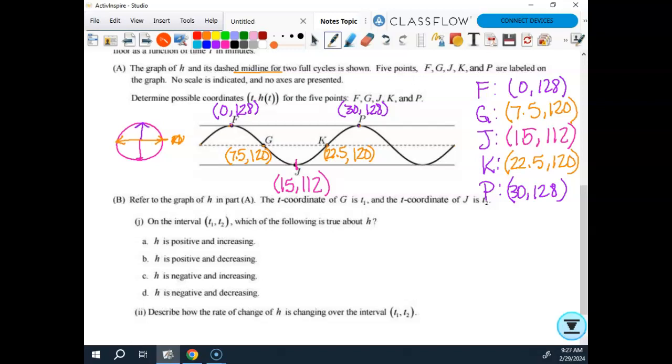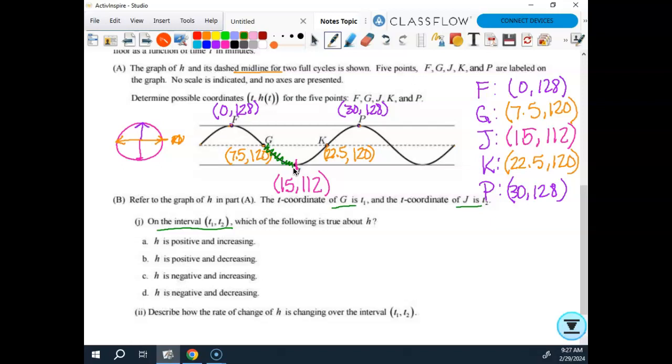Okay. So then it says, refer to the graph in part A. The t-coordinate of G is T1 and J is T2. On this interval from T1 to T2, that means from G to J, this right here, which of the following is true about H? So there's two things we're looking at.